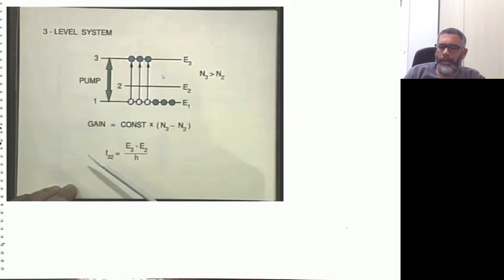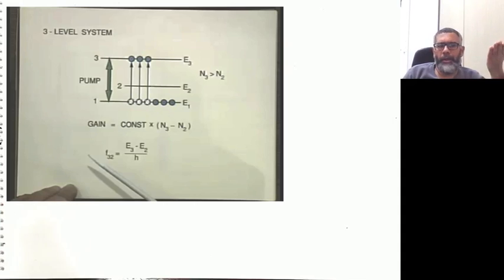Two energy levels never produce laser. Only by using 2 energy levels you cannot create laser. And why do you think so? Because with only 2 energy levels you never reach the population inversion condition. And what is population inversion?